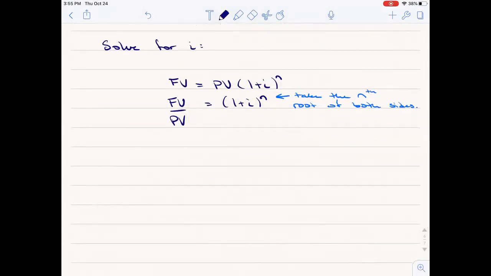Which means that we're taking the nth root. So remember, the nth root, we do the square root, put the n in the hook of the radical. The nth root of the future value over the present value is, I guess I'll show it properly, the nth root of 1 plus I to the power of N.